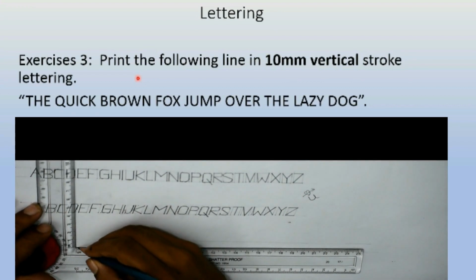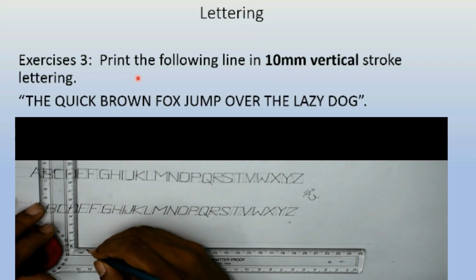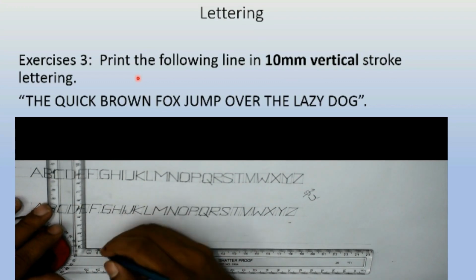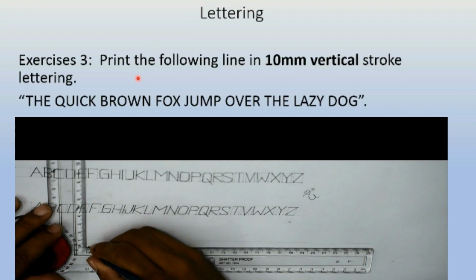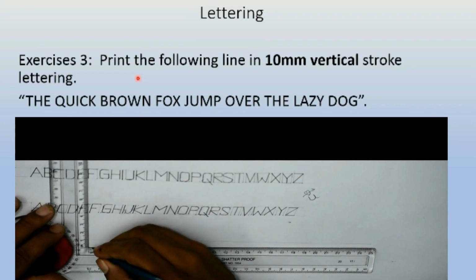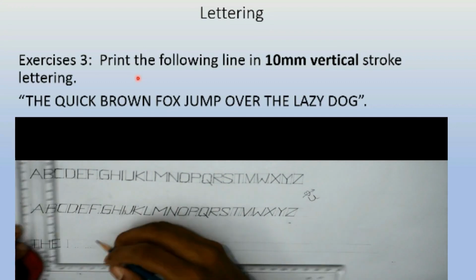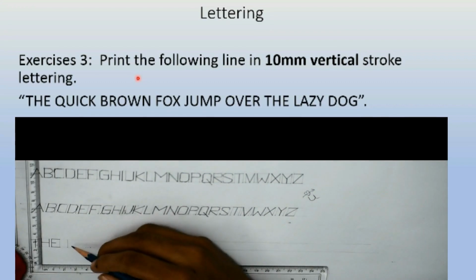Q, then 2 mm gap, then 7 mm for U, then again 2 mm gap, then again 2 mm gap, because you will have I here.